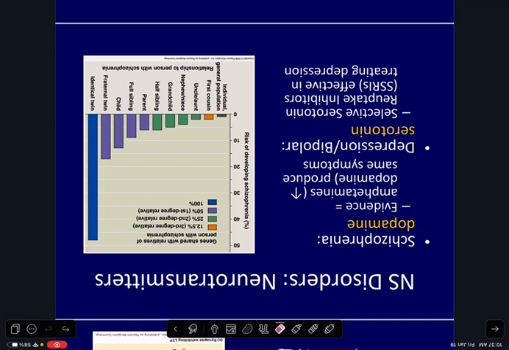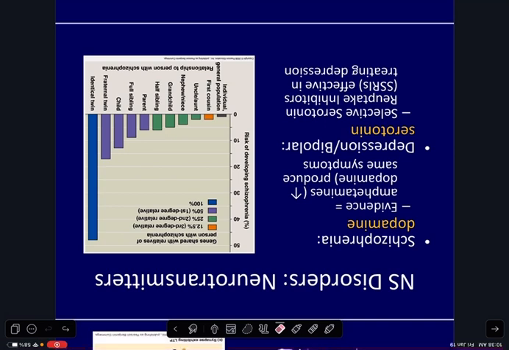So schizophrenia is a neural disorder that's been associated with the neurotransmitter dopamine. There's evidence of an increase in dopamine produced by amphetamines. Remember I talked about drugs of abuse, the reward pathway.